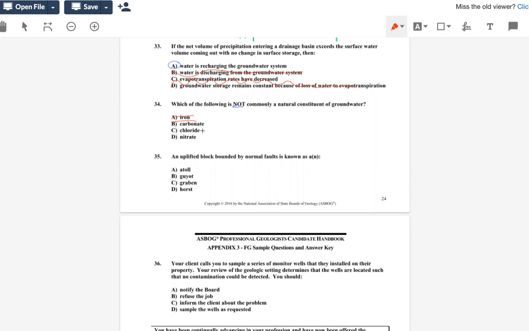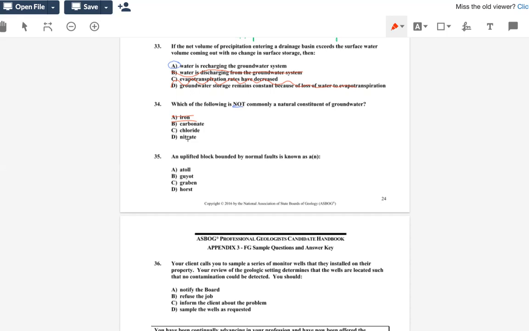But you also see chlorides because of saltwater aquifers, sea spray, coastal flooding. All of those are natural ways for chloride to get into fresh water. So you could argue either point, but let's move on to D.